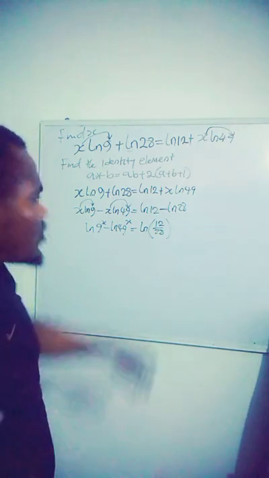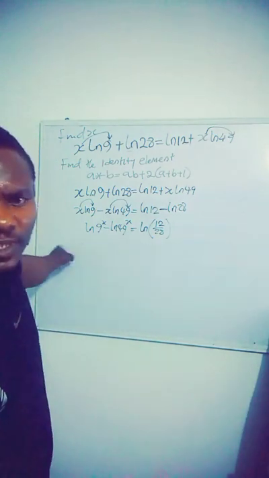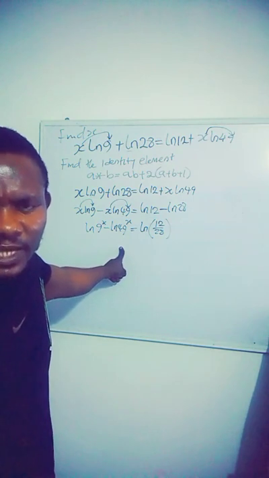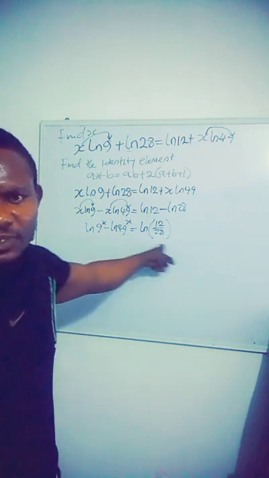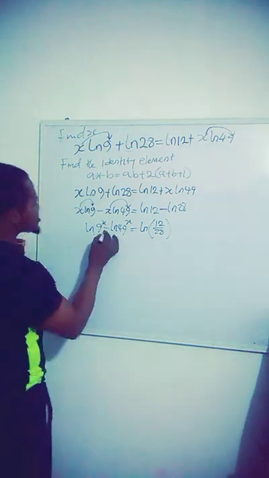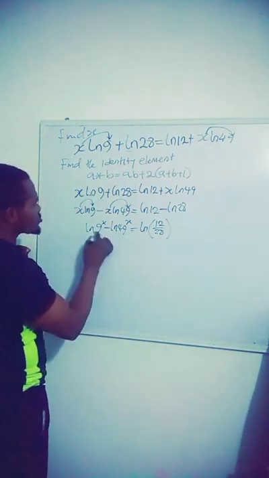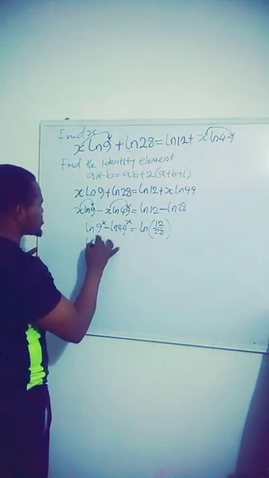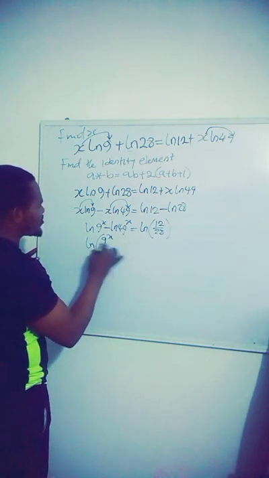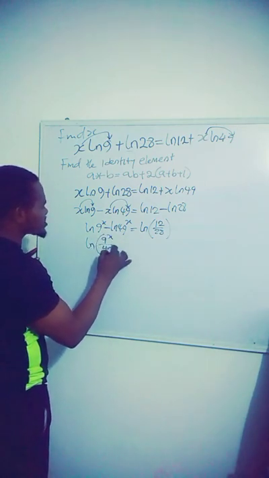I hope you get it up to this point. So now let's continue. Because it's negative, I can put the two together by division. We have 9 raised to power x over 49 raised to power x.